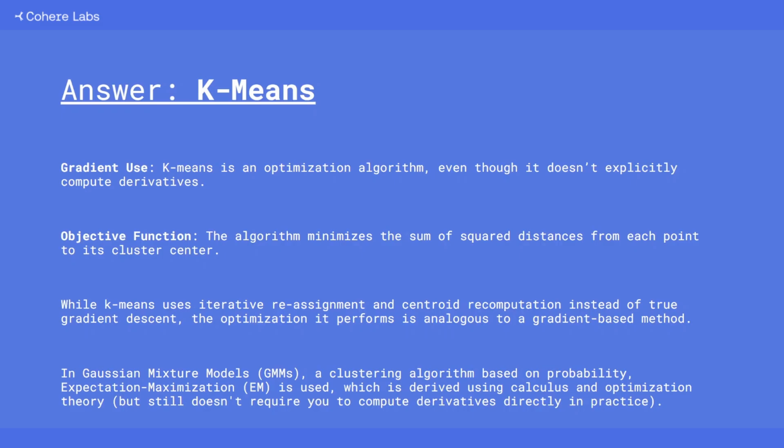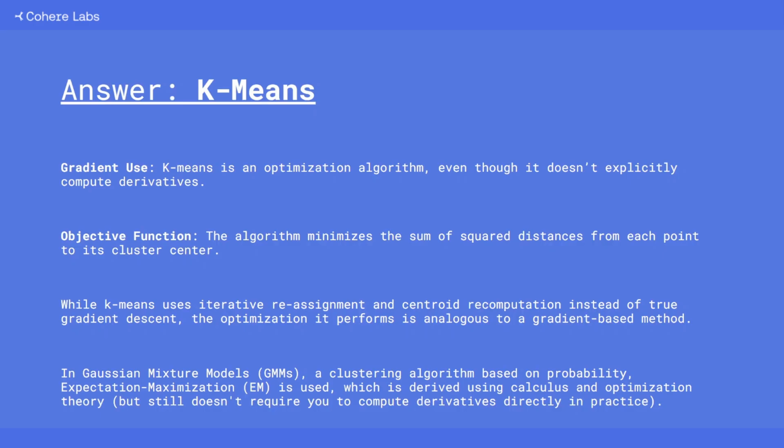If we look at its objective function, this algorithm minimizes the sum of squared distances from each point to its cluster center. While the k-means algorithm uses iterative reassignment and centroid recomputation instead of true gradient descent, the optimization it performs is analogous to a gradient-based method. Okay, so that's just important to understand there.